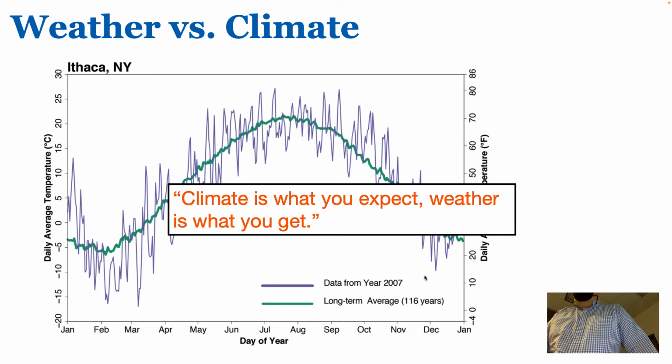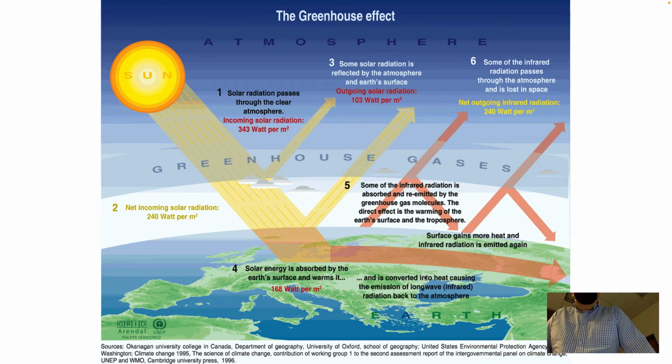the greenhouse effect. So the greenhouse effect is that radiation penetrates the Earth's atmosphere, solar radiation. When it hits the ground, it can become infrared heat and be absorbed into Earth's surface. It can be reflected back out into outer space.